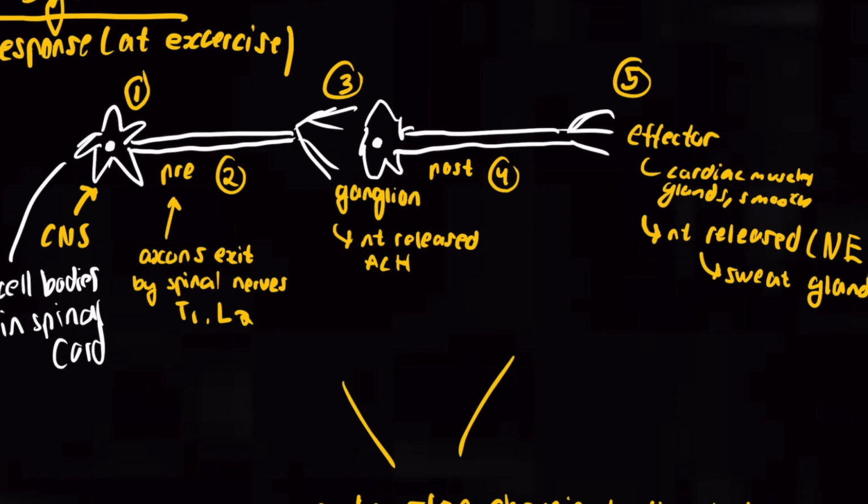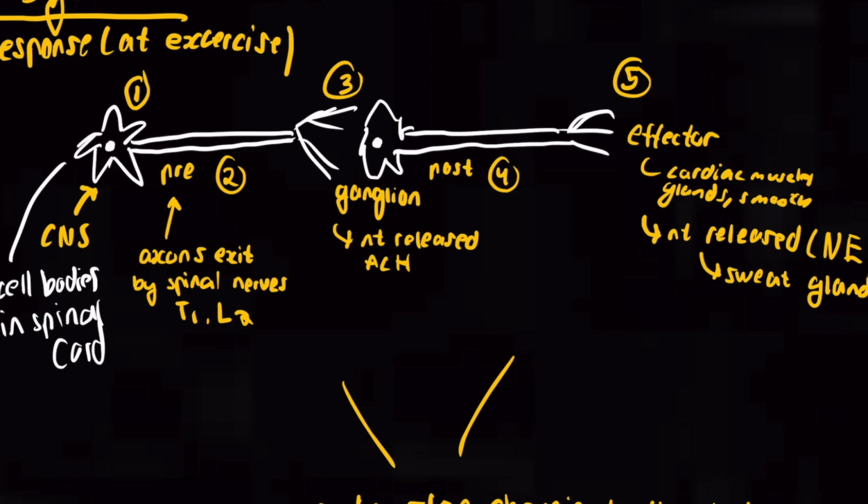So synapses from the cell bodies of the spinal cord will be the first process, so number one, and it will then send signals down to the preganglionic neuron.